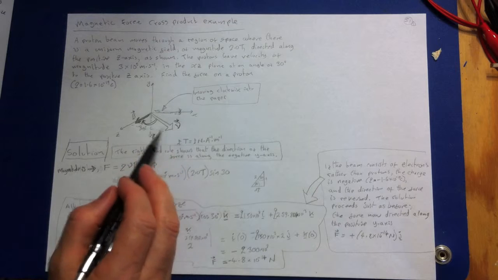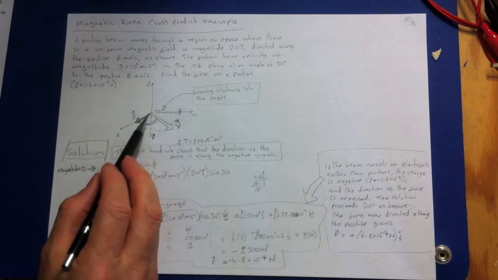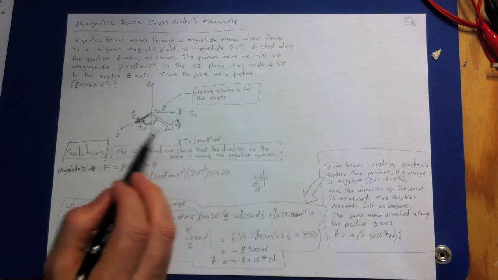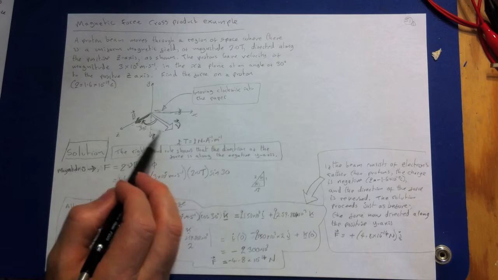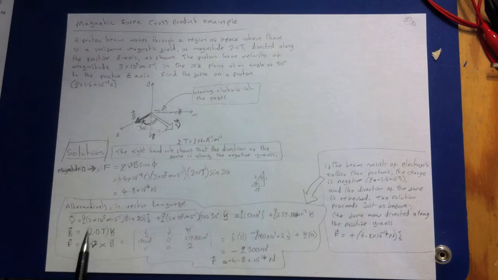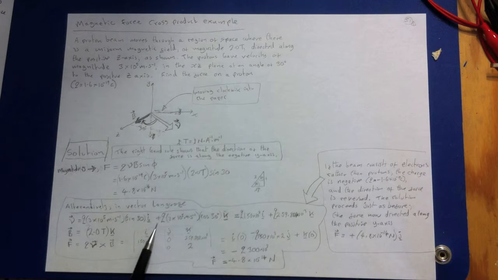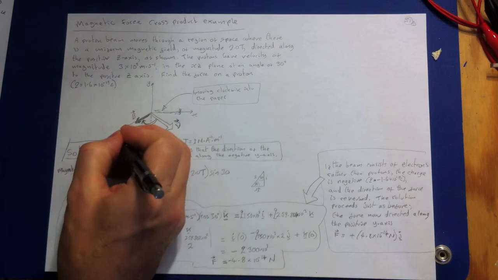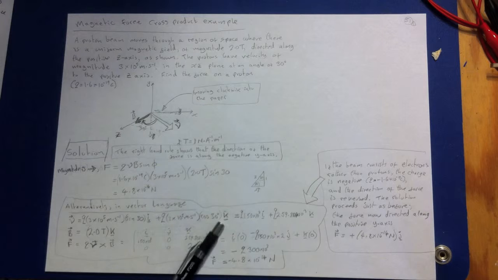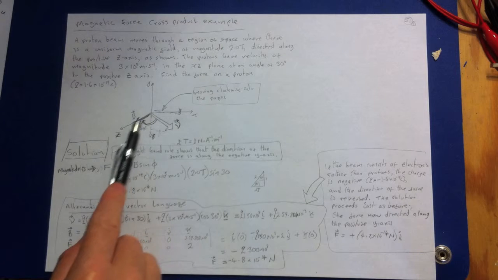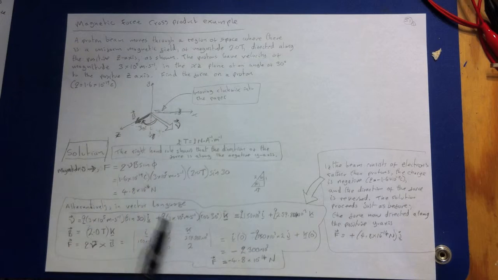the distance here for the x component of this v is simply the hypotenuse times sine 30. So the magnitude of the velocity times sine 30, so it's v sine 30. We've got 3 times 10 to the 5 sine 30, that's the i component. And for the k component, the z component along the z-axis, that's the cosine, so it's cosine 30.